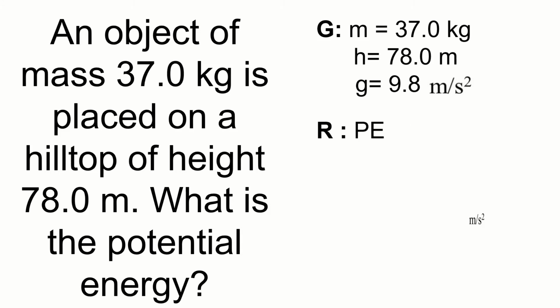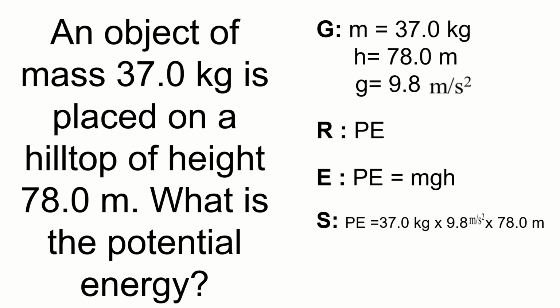Ang required dito o ang kailangan nating kumputin ay ang PE or potential energy. Ang equation or formula para makuha ang potential energy, PE is equal to mgh. Potential energy is equal to mass times acceleration due to gravity times height.